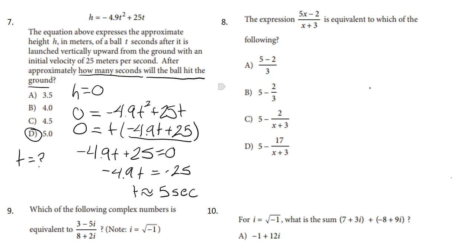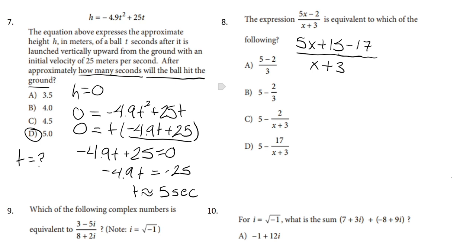In order to simplify, we would have to have 5x plus 15 over x plus 3. In order to turn negative 2 into plus 15, we would have to compensate by subtracting 17 right after, because 15 minus 17 is the same as negative 2.